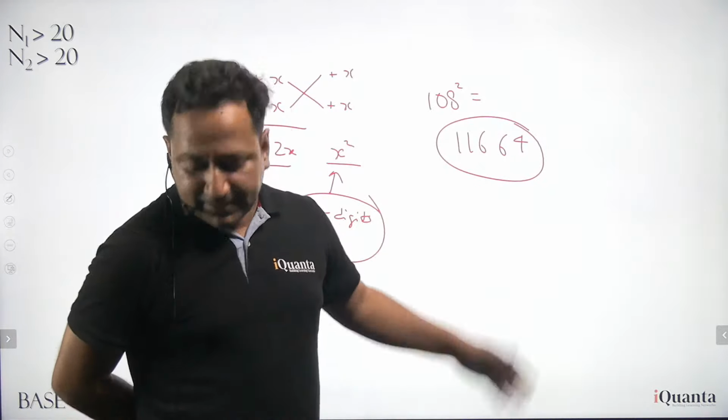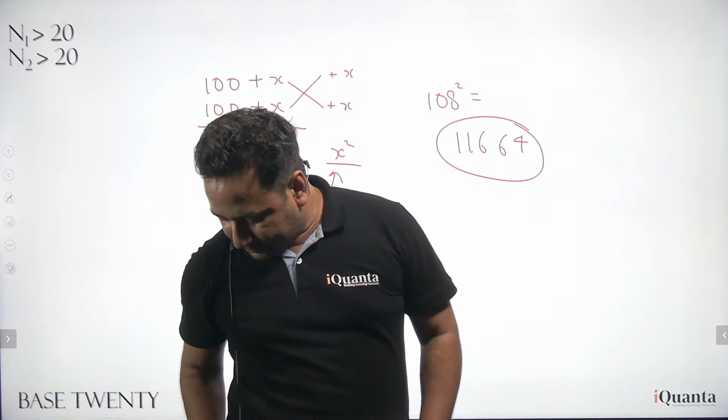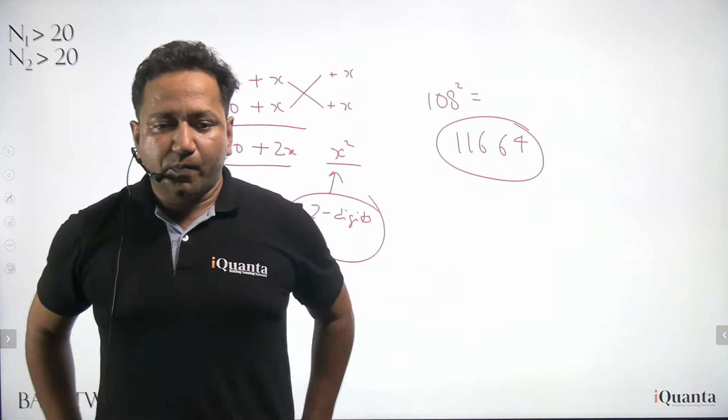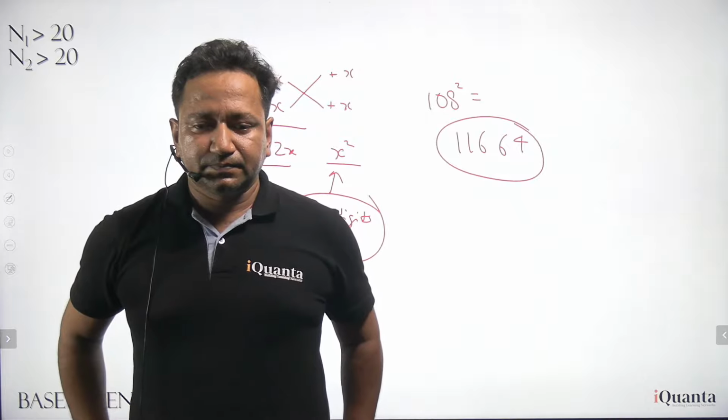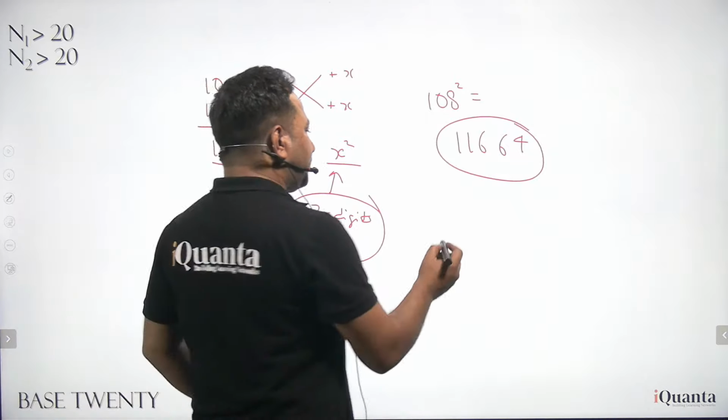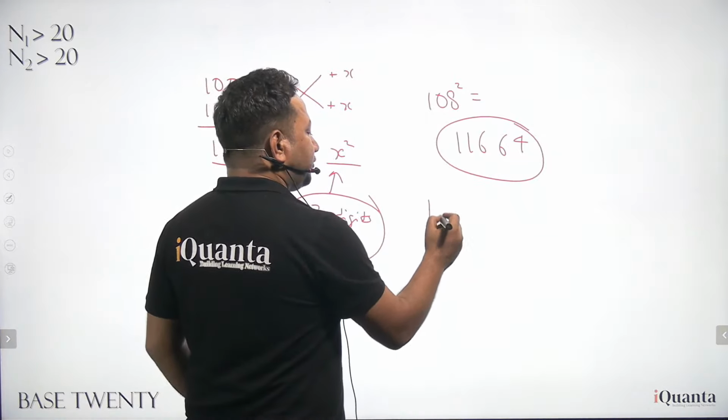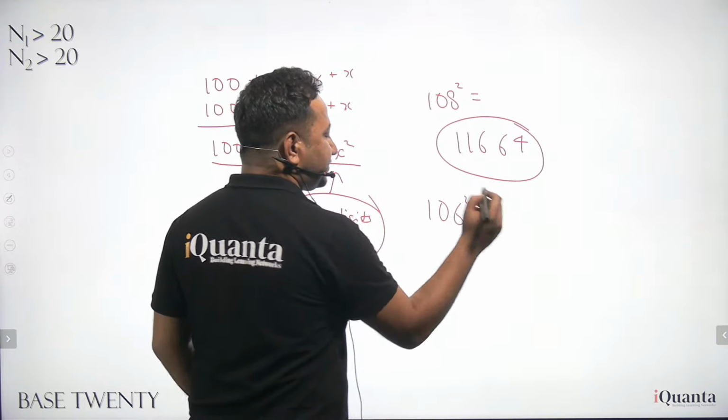Is this clear, guys? Okay, one more. 106 square. Tell me the answer. Quickly.